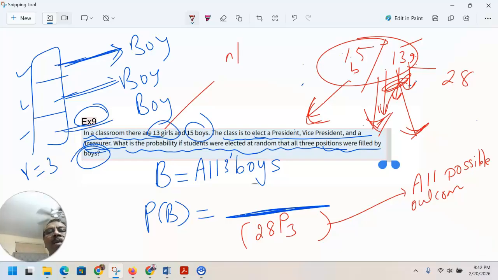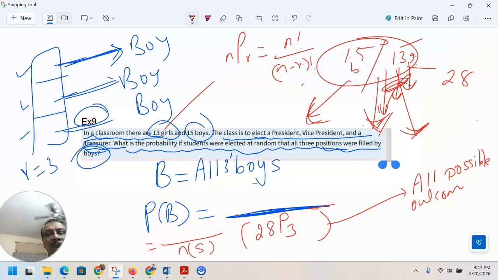Remember nPr, permutation, n factorial over n minus r factorial, that we did last time. So that's what the denominator is. Now you put this in the denominator. The numerator is, I think I should have written n of S. This is n of S, which means all possible outcomes, and n of B means those outcomes that favor all boys.